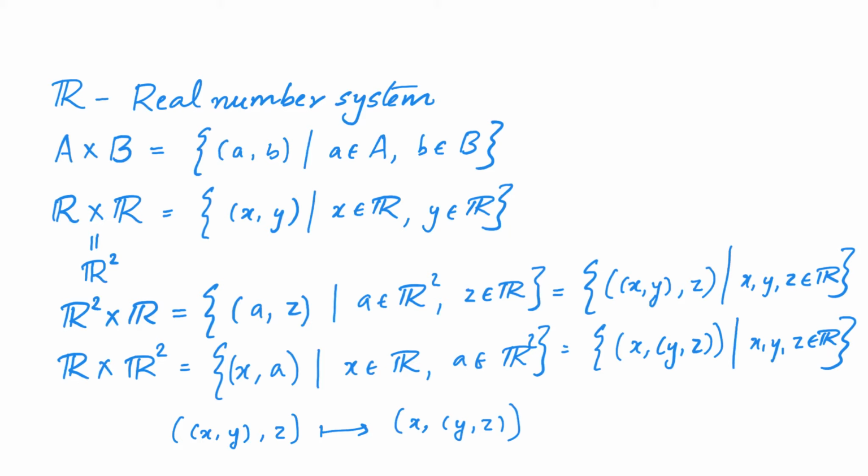Now it's okay if you do not fully understand this, because we will revisit similar ideas throughout the course and such things will become more and more clear as you go through this course. But for now, just keep it in mind that we do not distinguish R2 cross R and R cross R2, and we will denote both by the same symbol R3.